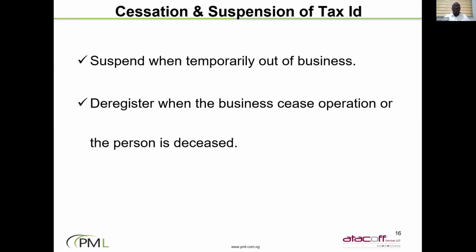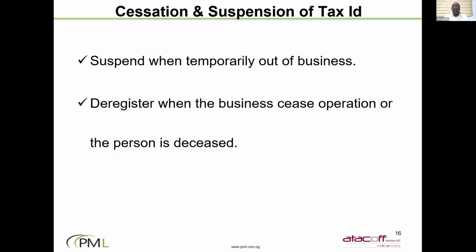The system will show that your business has been suspended, and you can deregister completely if you feel you have ceased operation. At the point that the business ceases operation, you can deregister completely. For you to do that, they will request that you show evidence that the business has been deregistered at the Corporate Affairs Commission.